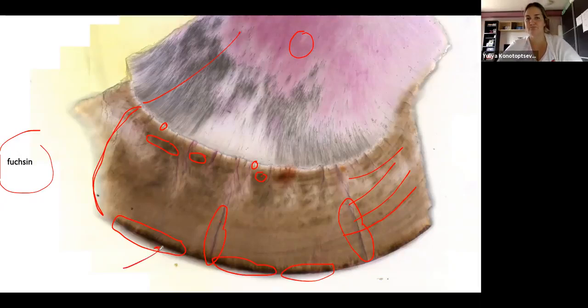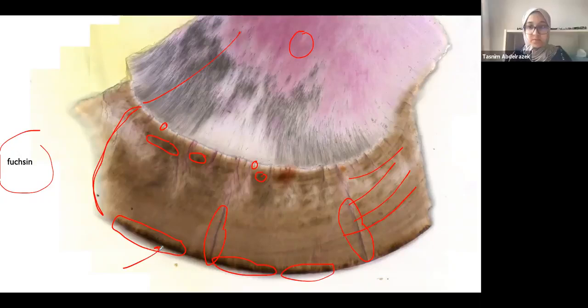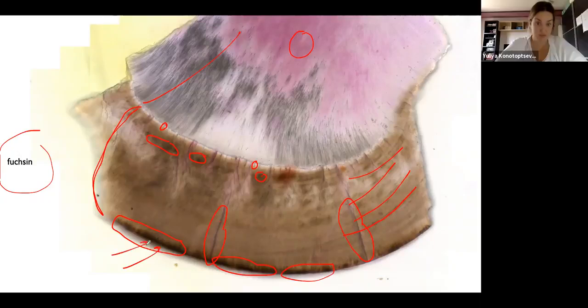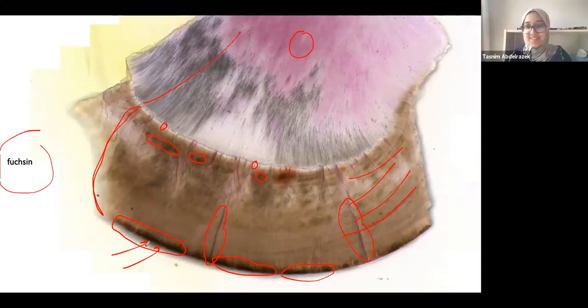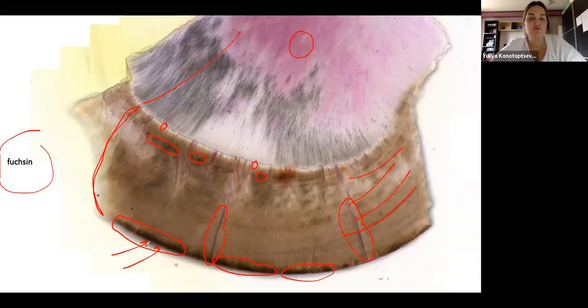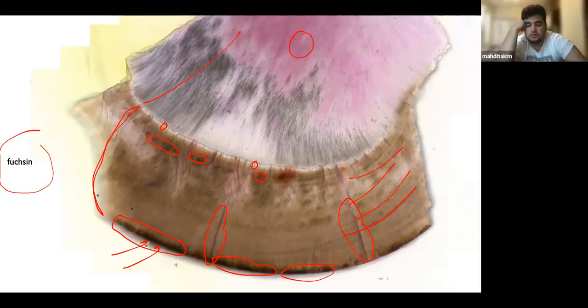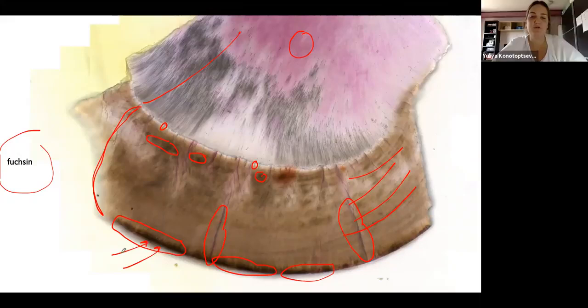Why? I'll help you. Is it a normal thing? No, this is not a normal thing. This hypomineralized? No, it's not a normal thing. So why is it black? Because we eat? Nope. Smoking? Nope. I told you how we prepare the slide. Oh, sandpaper. Exactly, sandpaper.